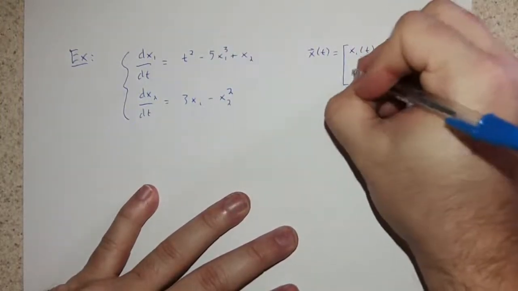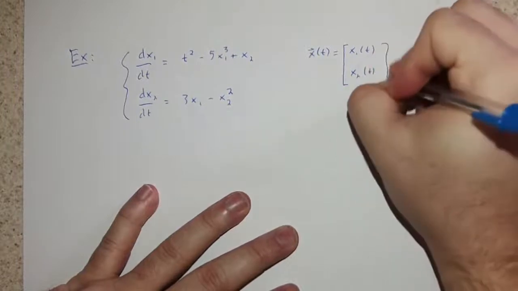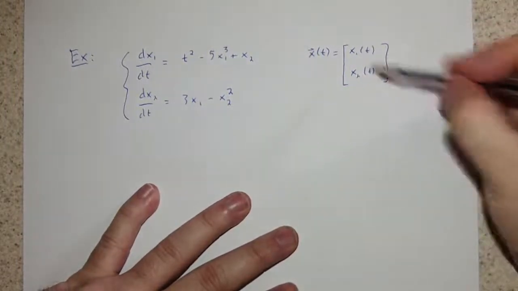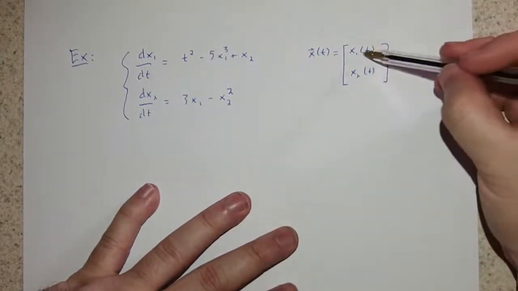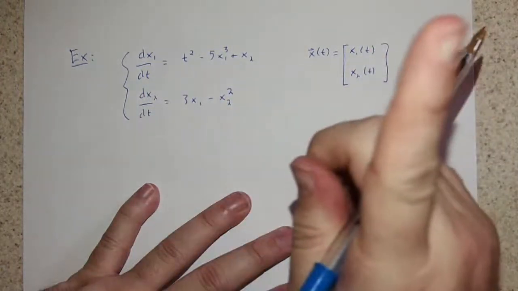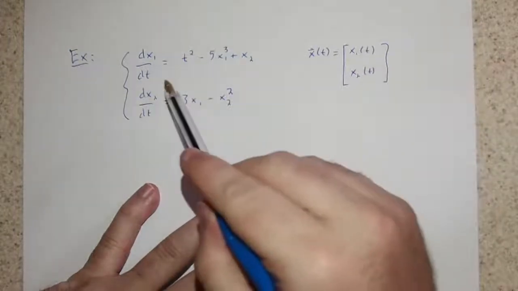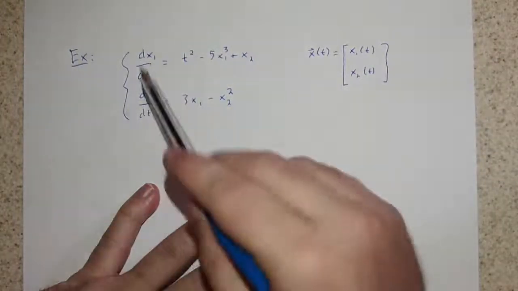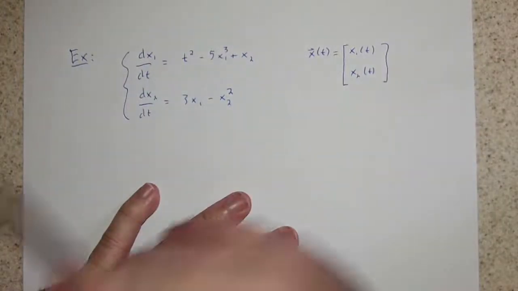Under this formulation, my solution vector x would be just x1, x2. So what am I doing? I'm seeking two unknown solutions, x1 and x2, that satisfy these equations. They are first order, because the only derivative showing up is the first derivative.